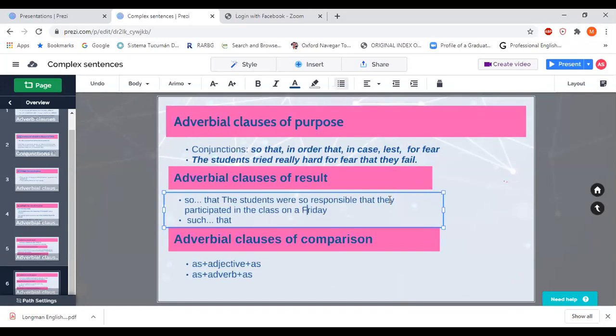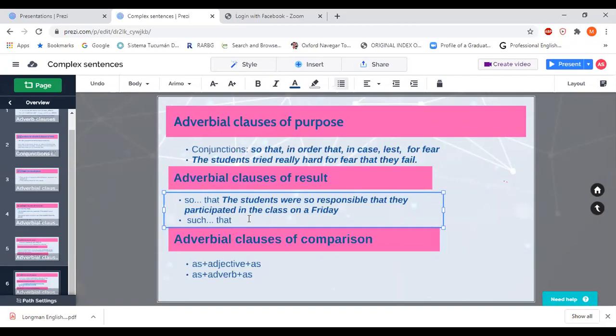Do you understand the sentence? Yes. They were so responsible that they participated in the class on Friday. You can also use such in this case, more or less with the same example. The students had such responsibility that they participated in the class on a Friday. Do you understand?